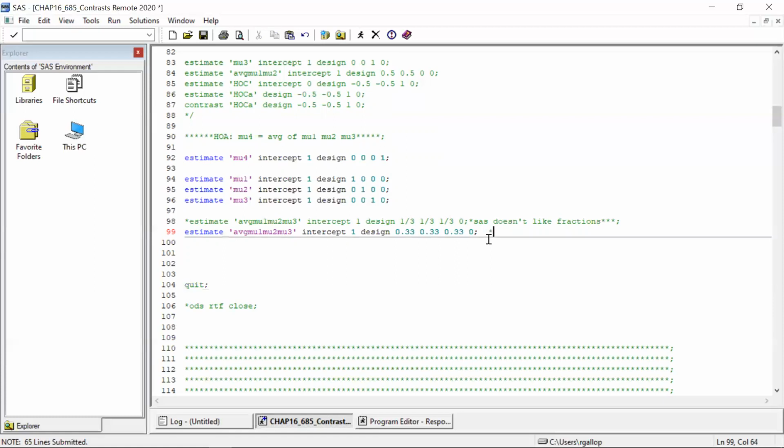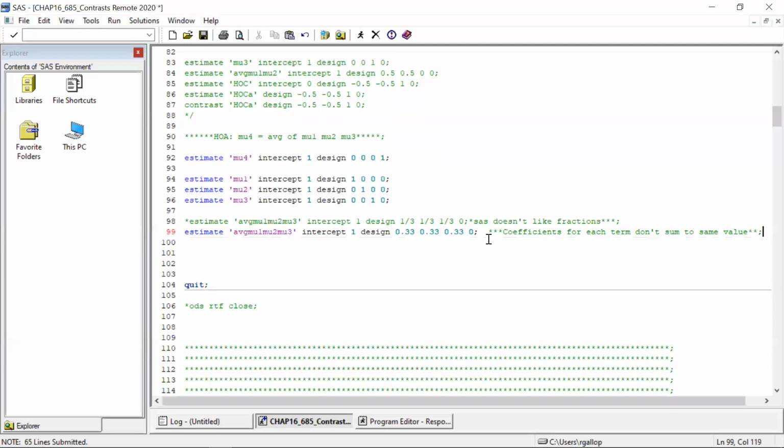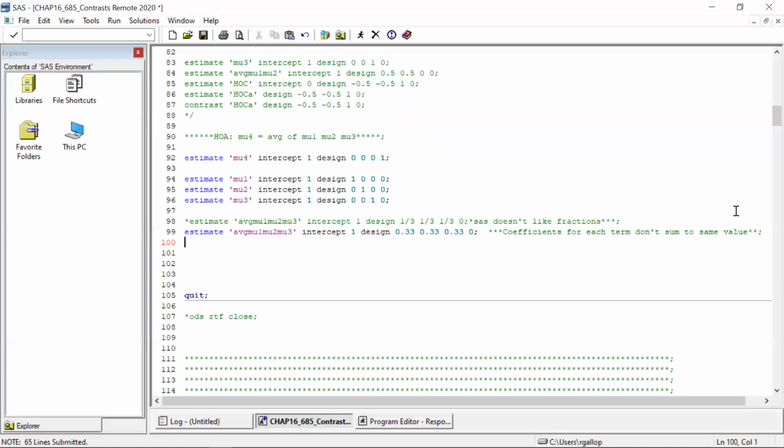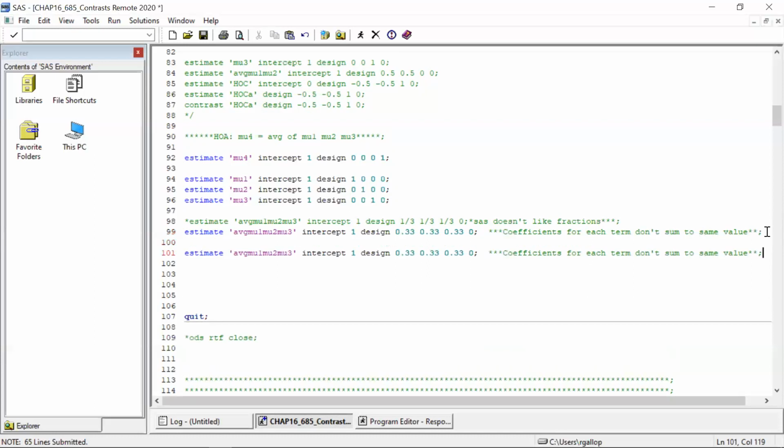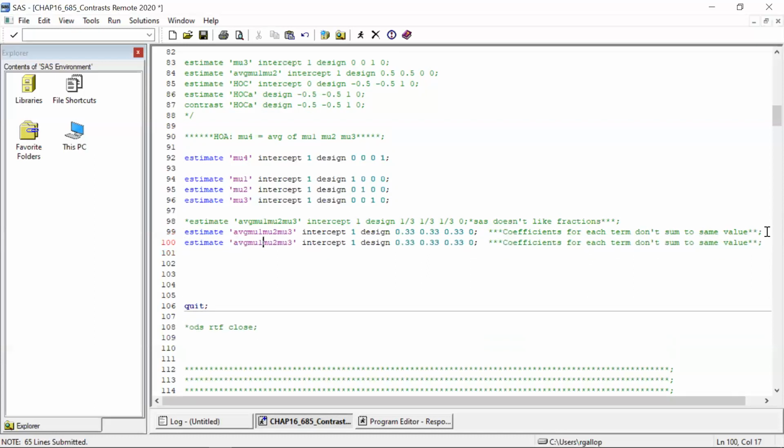So in this case here, the coefficients for each term don't sum to the same value. Okay, I can fix this. I'll let that sum to the same value.